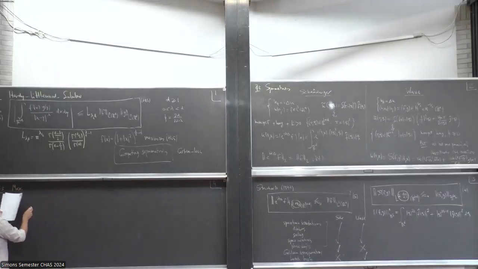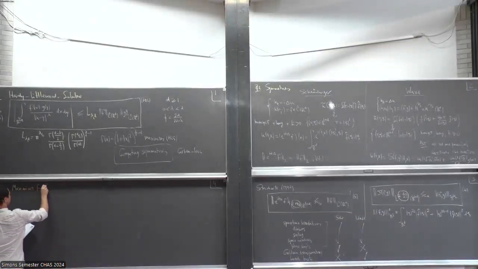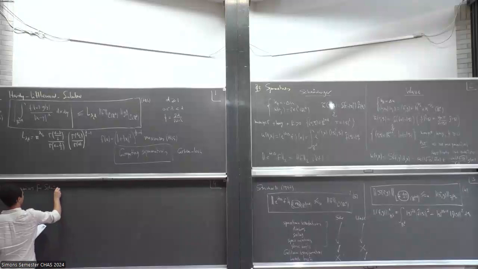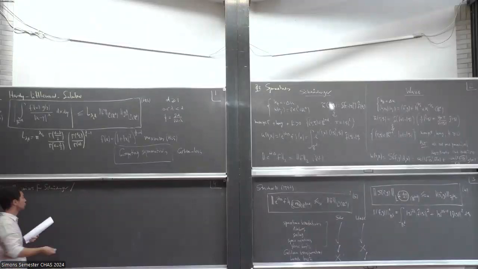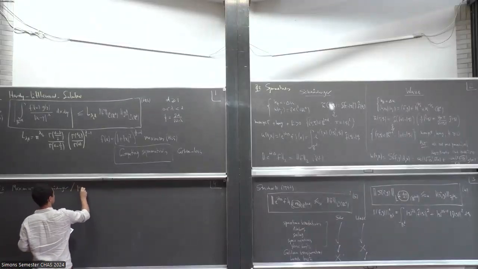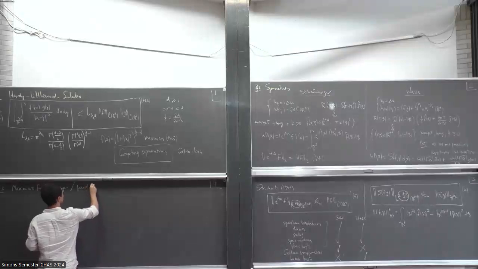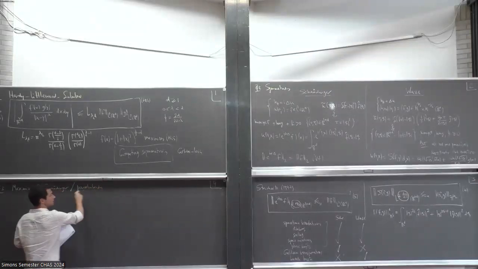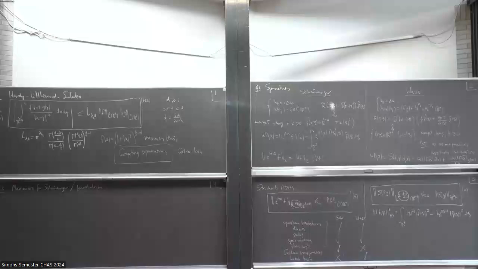So let's do maximizers for Schrödinger. That's the PDE perspective. The Strichartz inequality for Schrödinger corresponds to restriction on the paraboloid. So we can talk about maximizers for paraboloids, as this is closer to what we were doing yesterday. Yesterday was maximizers for spheres, so now we're replacing spheres with paraboloids.